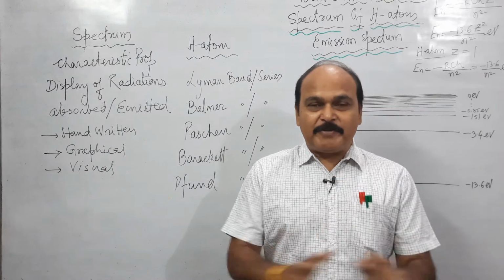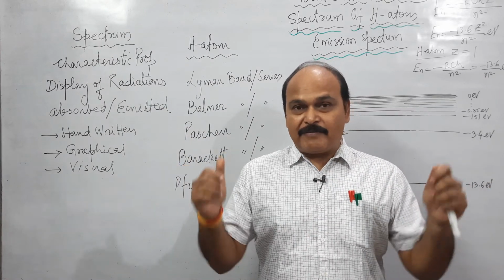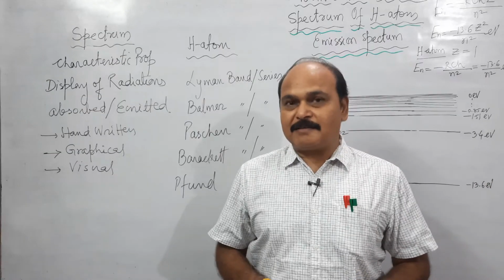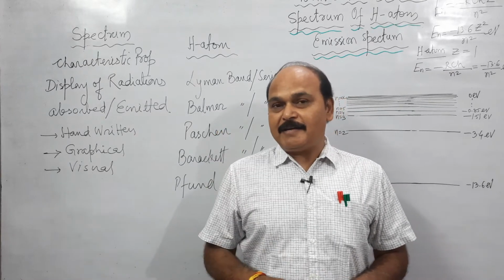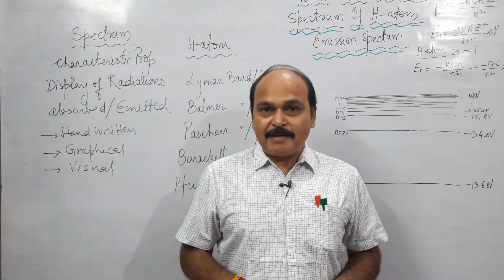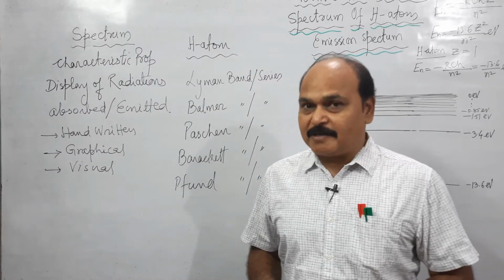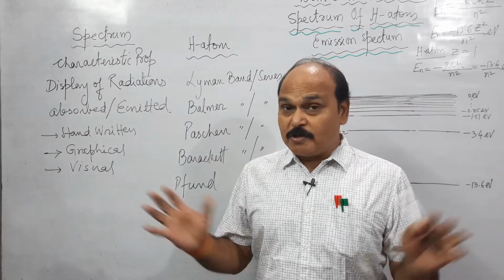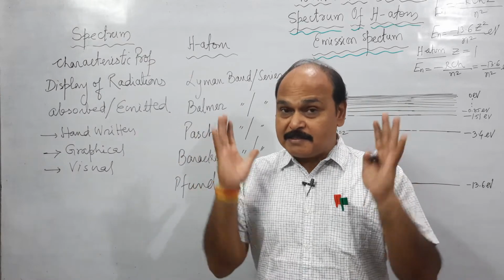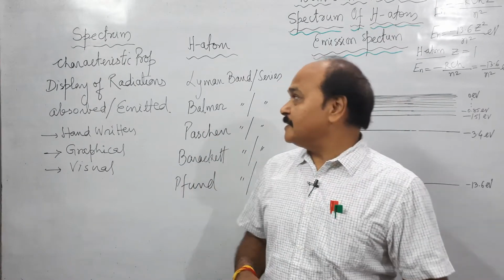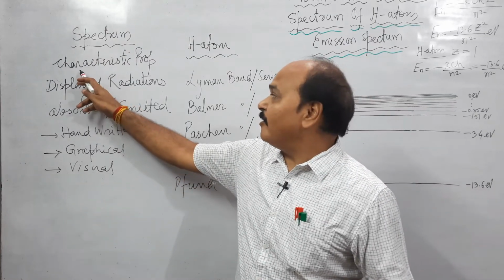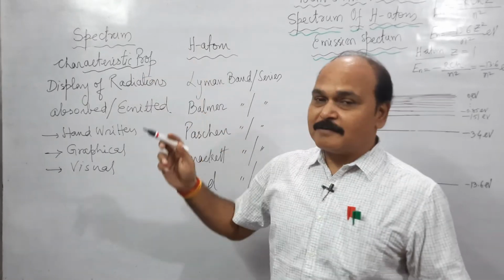Like every human being on Earth's surface has a distinct set of DNA structure, exactly in the same way, every distinct element has a distinct spectra. No two different elements can ever have the same spectrum. So it is a characteristic property of an element.